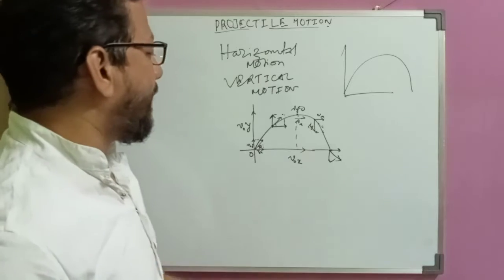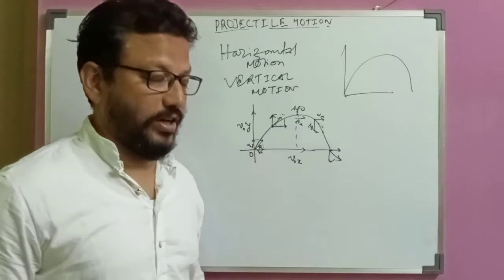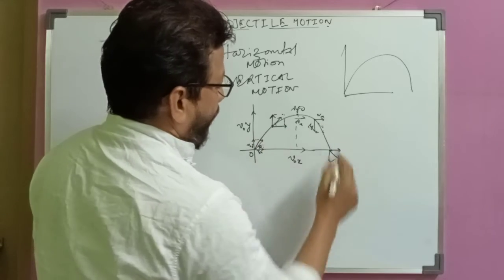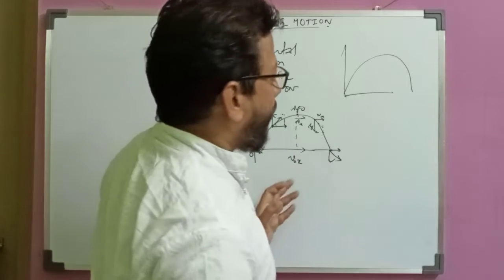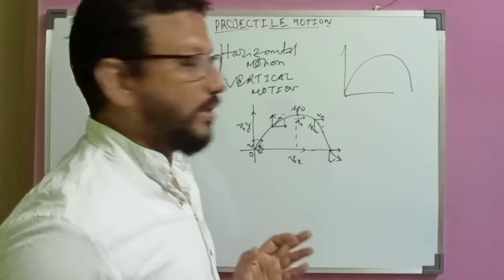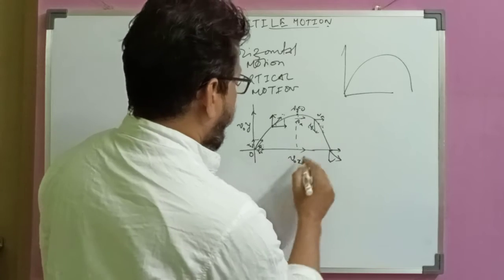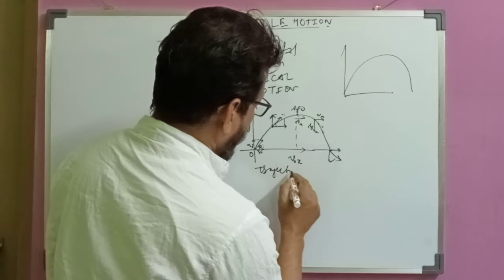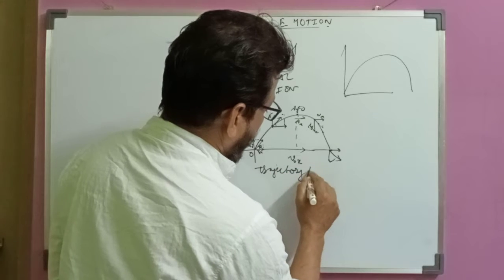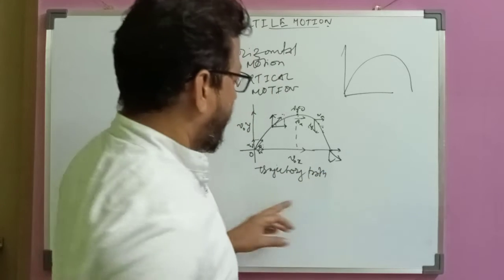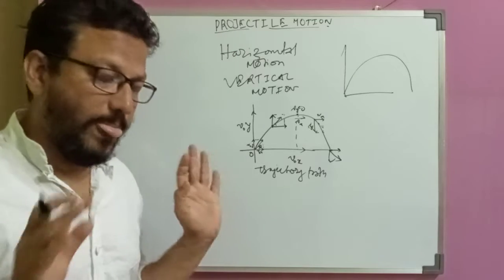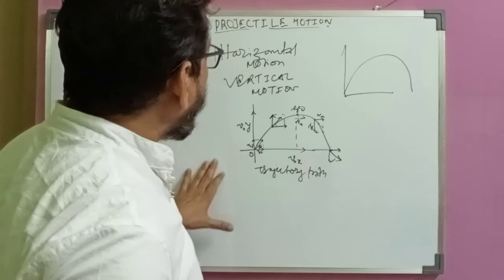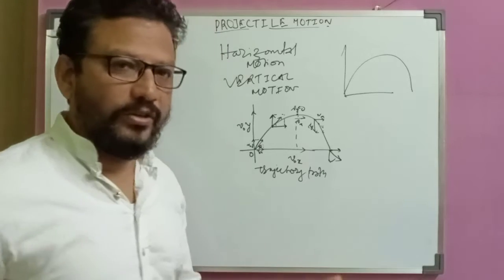These are the scenarios in a projectile motion, and the path that the object follows in projectile motion is called the trajectory path. It is called the trajectory path. These are the basic scenarios we have learned.